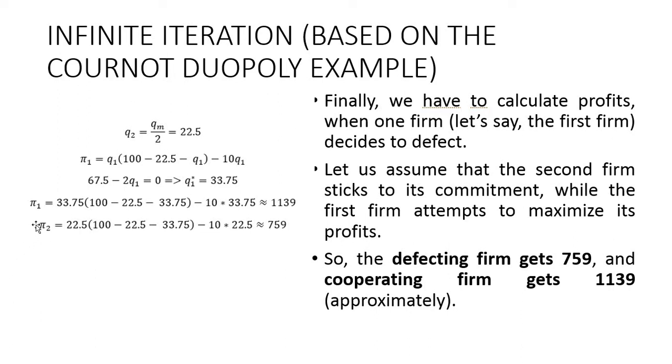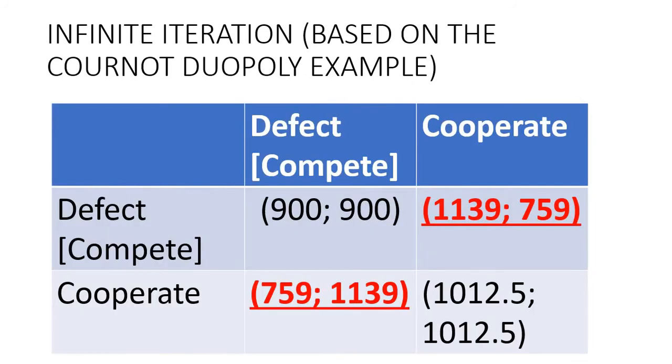And in these circumstances, if the second firm decides to cooperate while the first firm decides to defect, producing this quantity, the profit of the second firm will be approximately 759. So if the first firm decides to defect and the second firm decides to cooperate, then the first firm will get 1139 and the second firm will get 759.